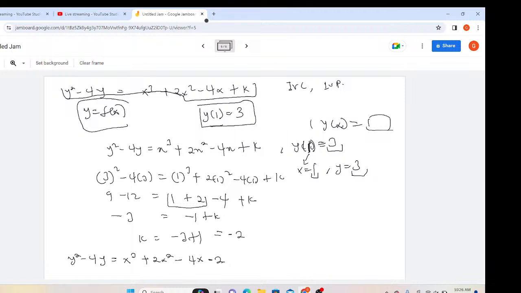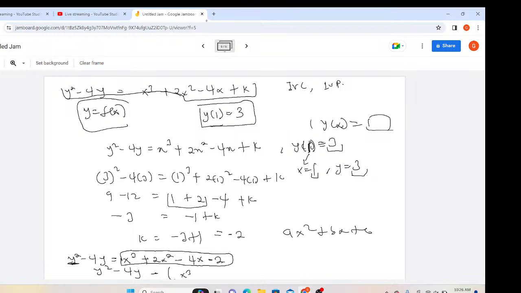If you want to find the actual solution, we just make y the subject. We know how to make y the subject from a quadratic equation, like ax squared plus bx plus c, where we want to make x the subject. So y squared minus 4y, and then bring all of x cubed plus 2x squared minus 4x minus 2 over. All of this becomes our constant.